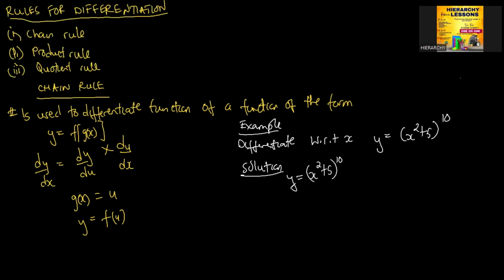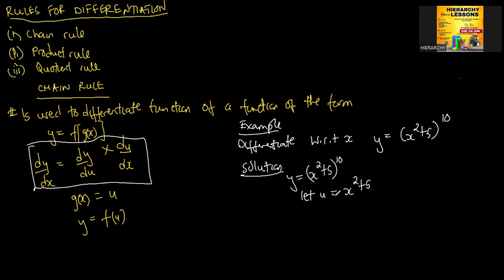So we're going to let u be equal to x squared plus 5. The function enclosed in the bracket, that's what we're going to substitute for u. So remember the formula, dy/dx equals dy/du times du/dx.